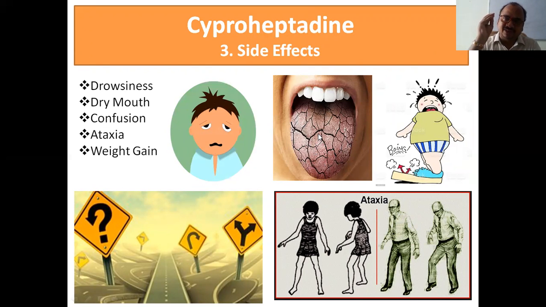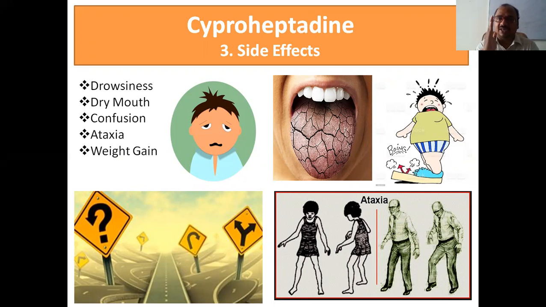Definitely, side effects will come whenever you are taking a medicine. Confusion. Ataxia. It also appeared in the old question paper. Ataxia is a side effect of cyproheptadine. Ataxia means cross walking.